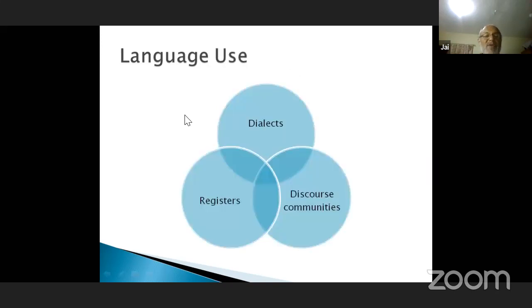Then comes language use. This has been talked about a little earlier also. We have different dialects. And if you talk about dialectical studies, this leads to the creation of world Englishes, particularly if you talk about English dialects. Now, after 1985, Kachru's The Other Tongue, and then the three circles of Englishes.